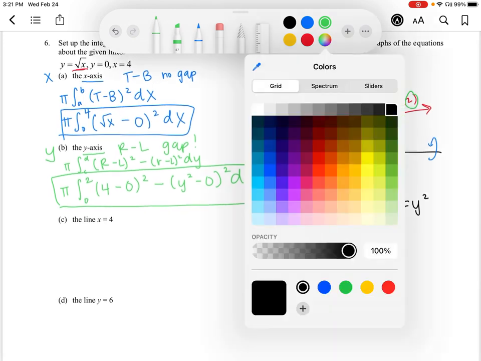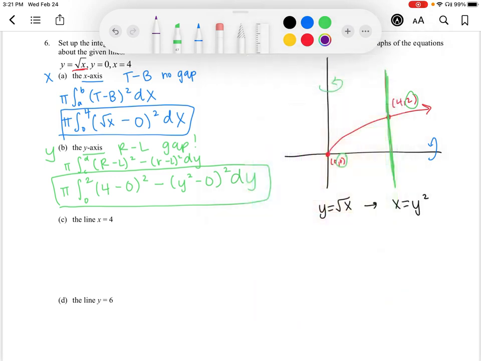Okay, new color. Let's do some purple for Richardson High School. The line x equals 4. So if we have x equals, that's going to be a vertical line. And that is our vertical line x equals 4 right here. So once again, it is going to be a right minus left, but this time there is no gap. It touches that x equals 4 line. Go ahead and make it purple right there.